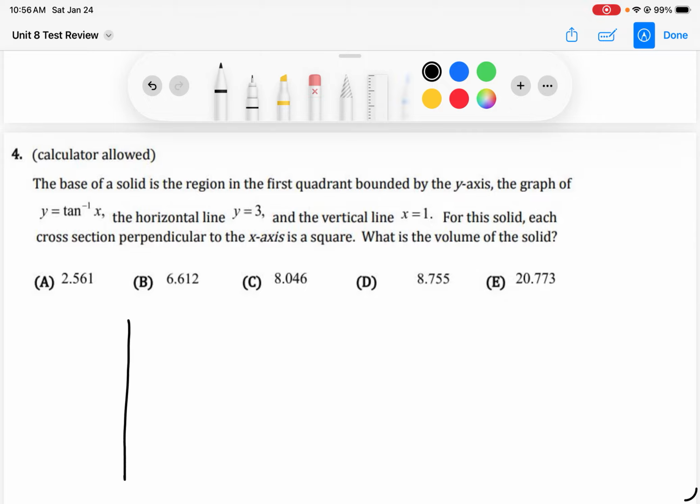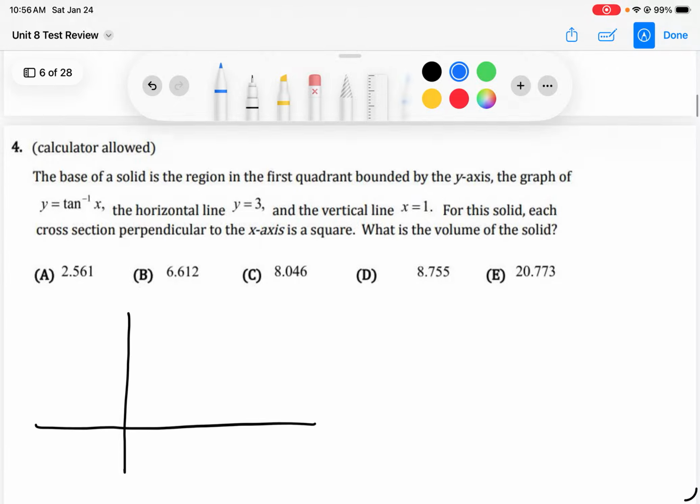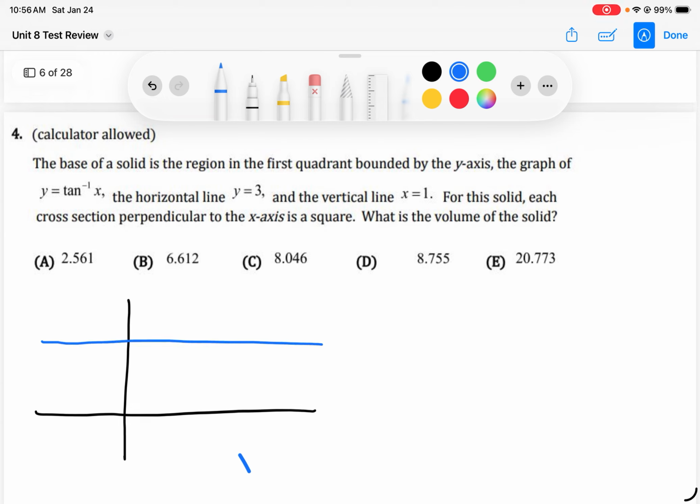All right, we're going to draw a little picture. There's your x and y axis. y equals 3 up here. And this is calculator active, so you can plug this into your calculator. x equals 1 right there. And then tangent inverse, I think you've got to know this.